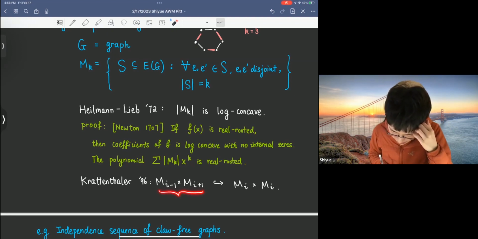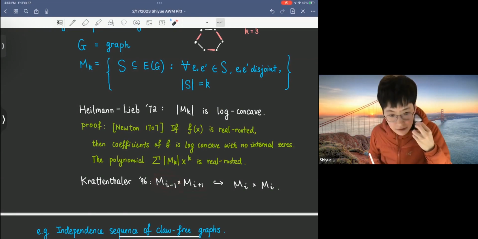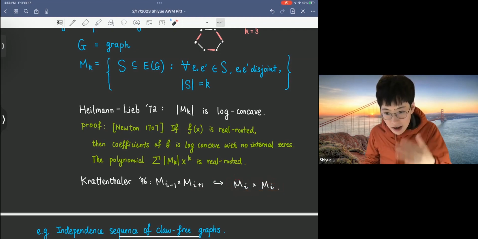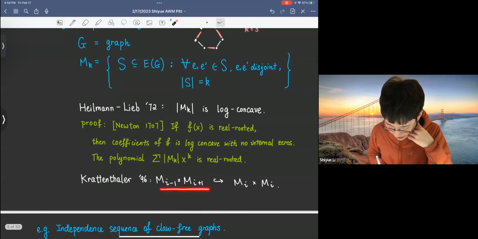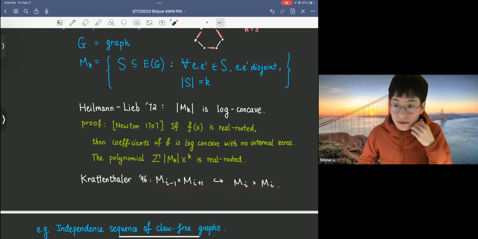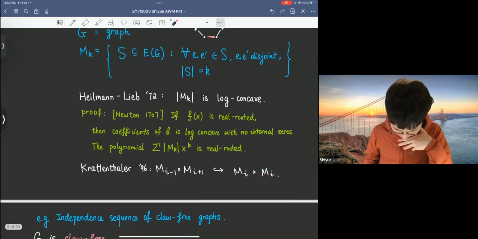Namely, he constructed a map from the Cartesian product of the set of matchings with i-1 edges paired with the set of matchings with i+1 edges into the pairs of matchings of size i and matchings of size i. Once you can establish such an injection, this automatically implies log-concavity on the cardinality.